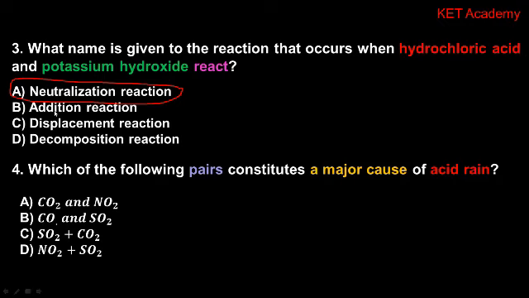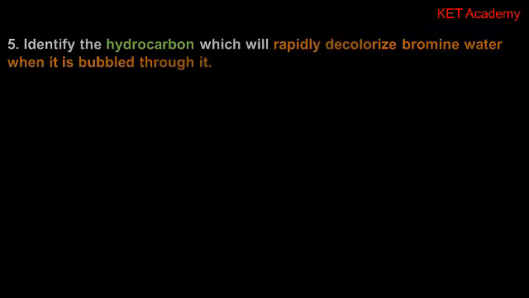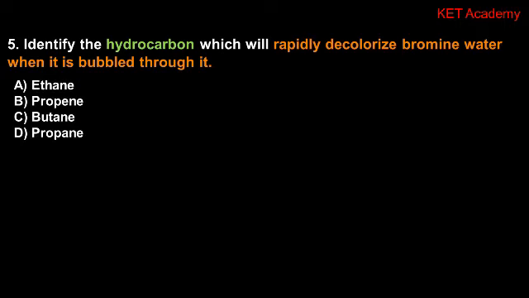So the next question, identify the hydrocarbon which will rapidly decolorize bromine water when it is bubbled through it. Now let's look at our answers. I'm going to show you guys a small trick here: whenever MCQs are given to you and there is one odd answer, obviously that answer might actually be the correct answer.